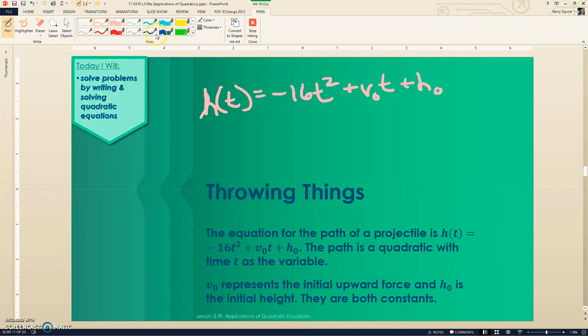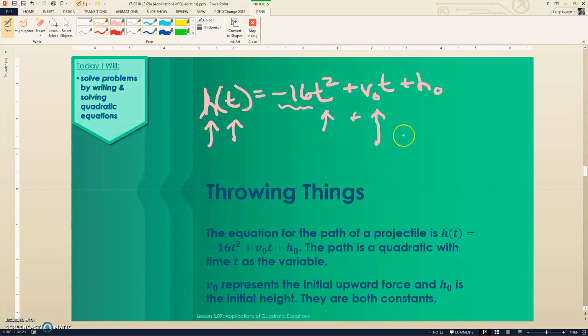So what this is saying is that the height of the thing that we're throwing at any particular time is negative 16 times the square of the time plus the initial velocity. That's why it has the 0 there. So the velocity, the force that it was thrown with, times the time, and plus the initial height of where it was thrown.